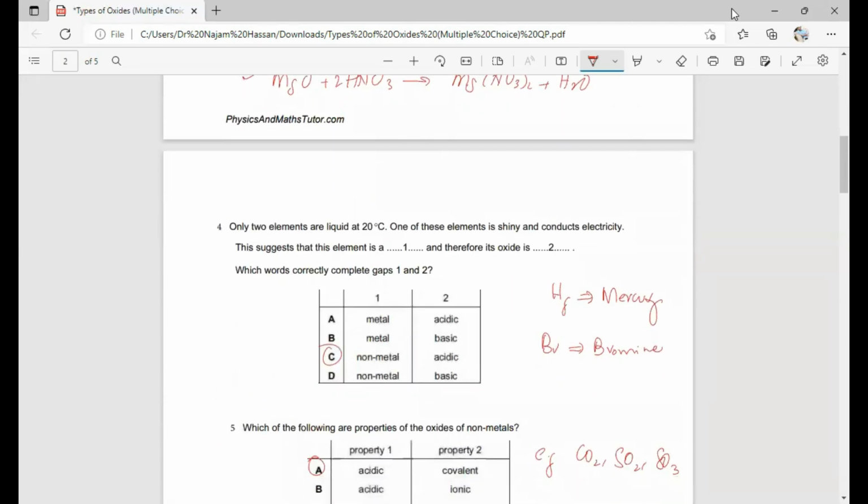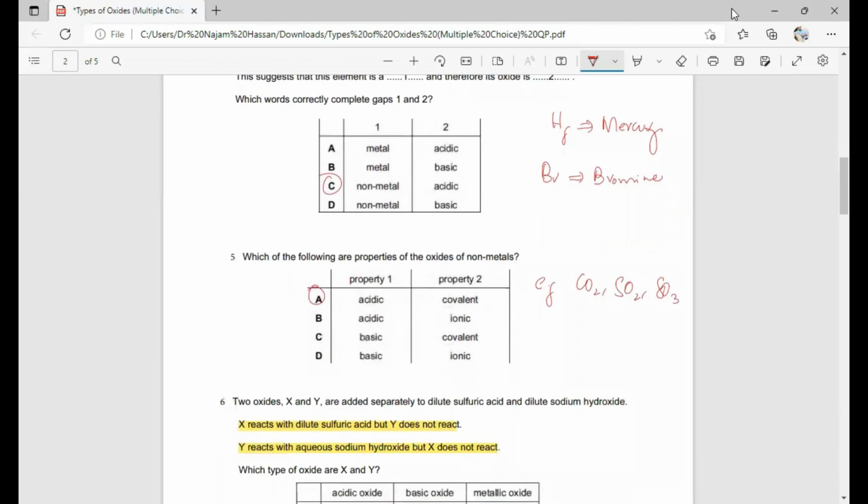Now the fourth question is asking which only 2 elements are liquid at 20 degrees centigrade, and the 2 elements are mercury and bromine. Mercury is a liquid metal and bromine is a non-metal. So this suggests that the element is a non-metal and therefore its oxide is acidic, right?